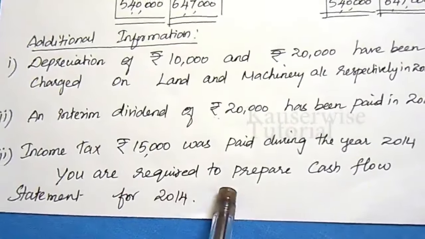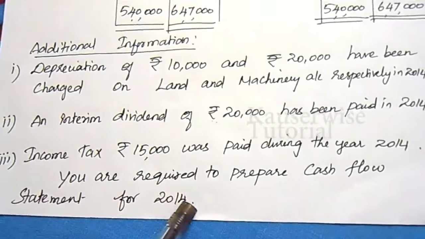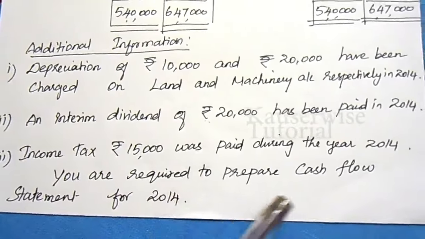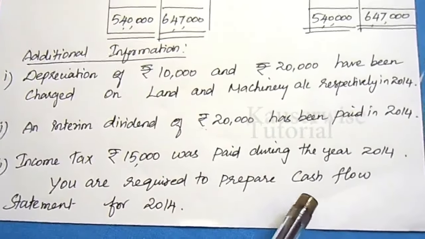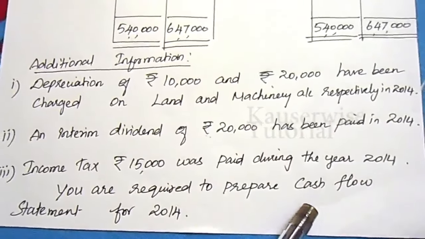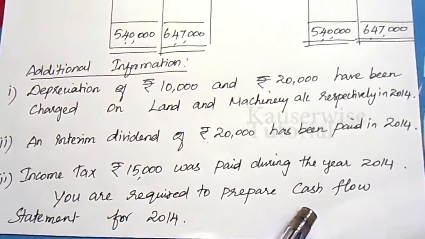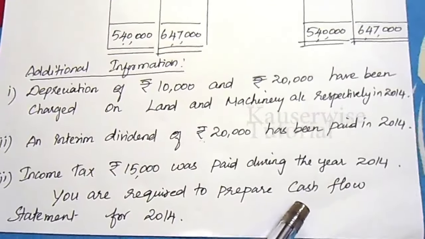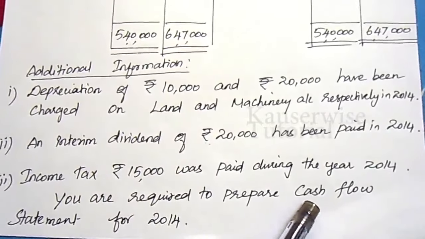You are required to prepare the cash flow statement for 2014. So with this information, they ask you to prepare the cash flow statement. Before you prepare the cash flow statement, first you need to find the fund from operation. And after finding the fund from operation, the next step is to find the cash from operation. Only after finding cash from operation can you prepare the cash flow statement.